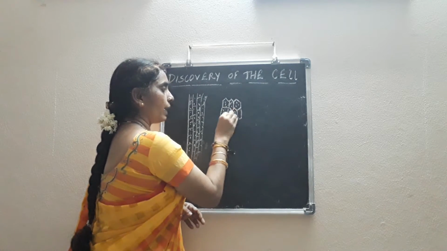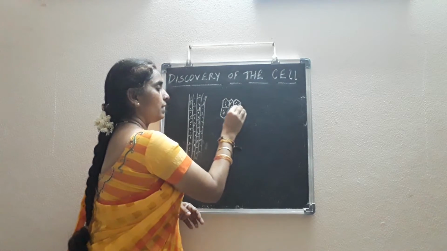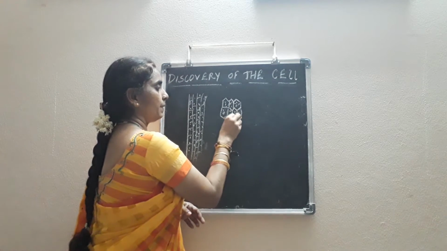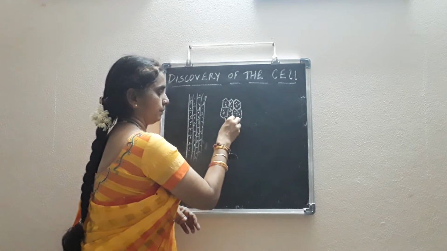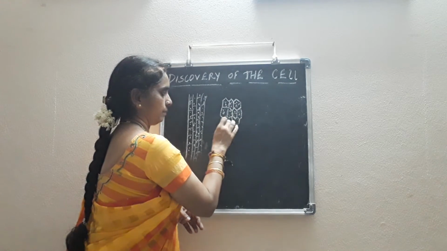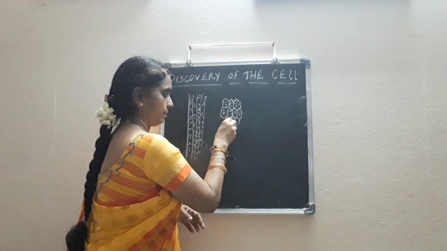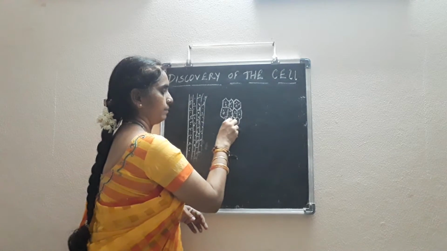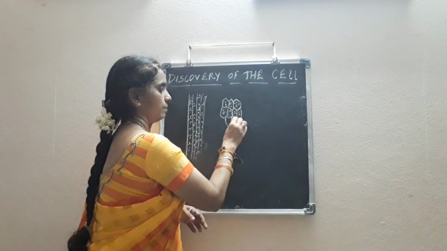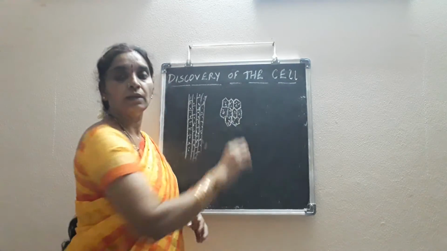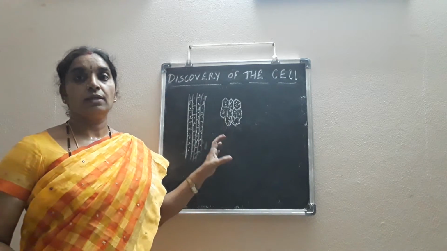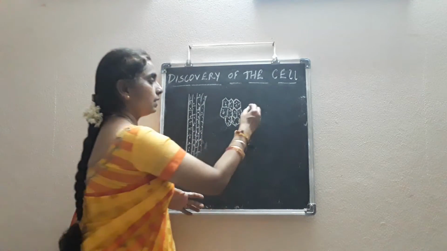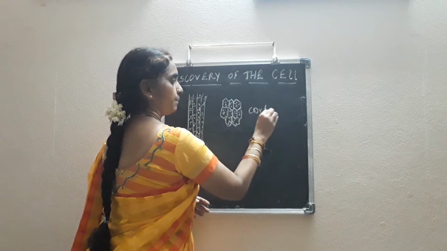You cannot find any nucleus in it; it's completely cytoplasm inside. Is it clear, children? So this is Robert Hooke's observation of the cork cells.